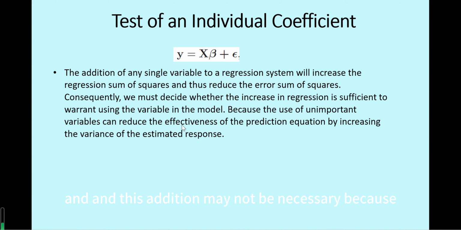And this addition may not be necessary, if the variance explained by the single coefficient and single variable is very little compared to the total variance of the error term. So maybe this variable cannot be added into the model because it would overfit the model. So we have to test the significance, or the effectiveness, of including a single variable.